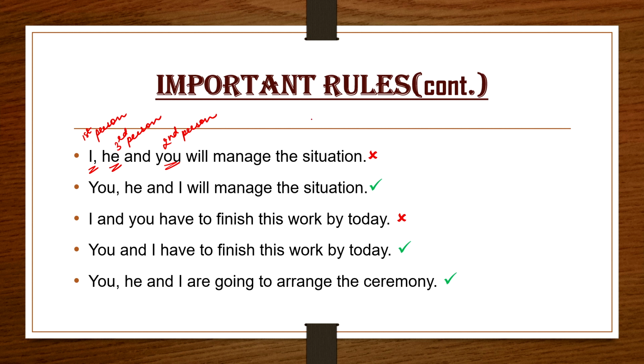It is in the order 1, 3, 2. So, is it correct? No. Correct order would be 2, 3, 1, right? So, according to it, the correct answer will be you, he and I will manage the situation.